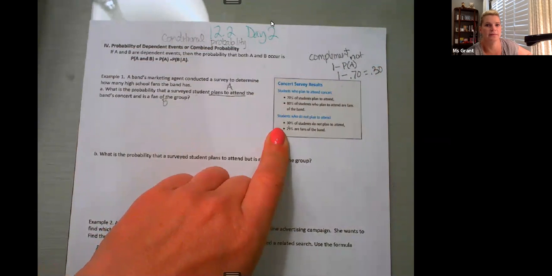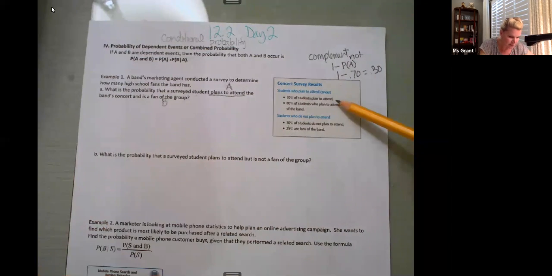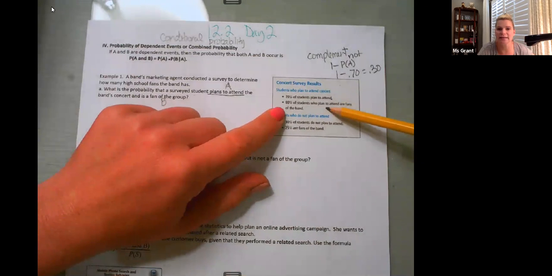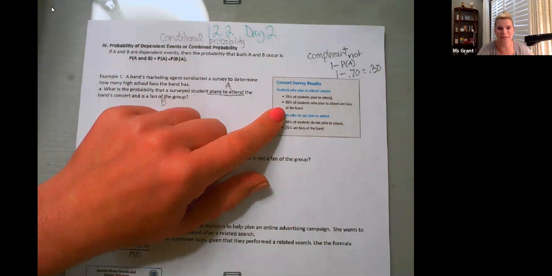And I think my camera's blocking it. Let's go over there. So 70% of the students are going. Of those students that are going, 80% are fans of the band. That's a lot. 70% of the kids are going, and pretty much all the kids are fans. They know their music, they follow them.